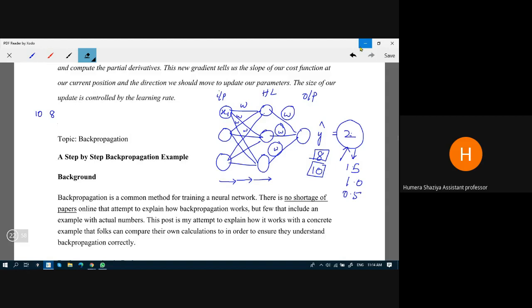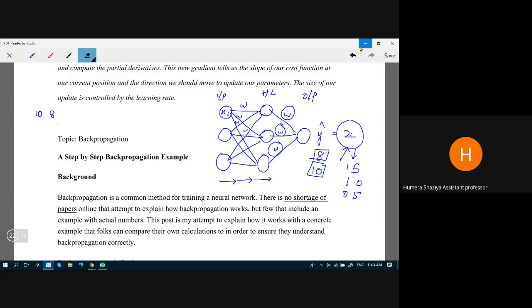This process repeats, gets the improvised output. Again, compare this with the actual output, and further back propagate that on all these edges until the input.